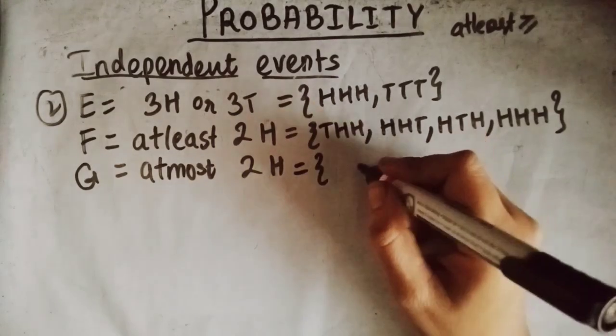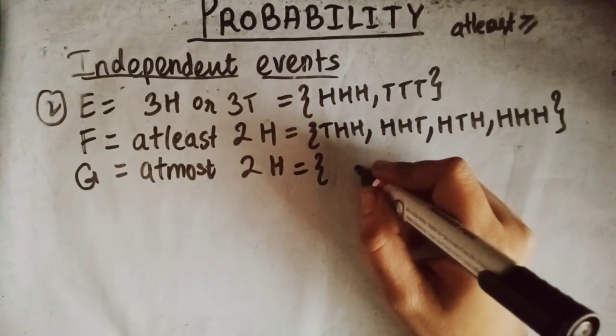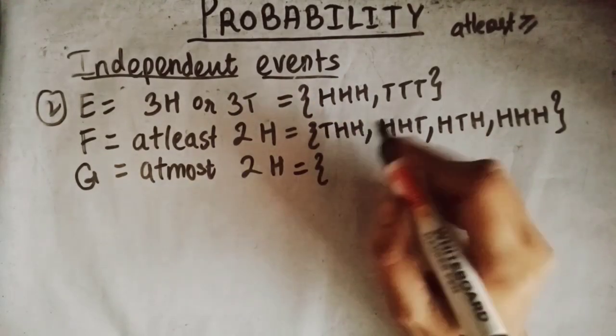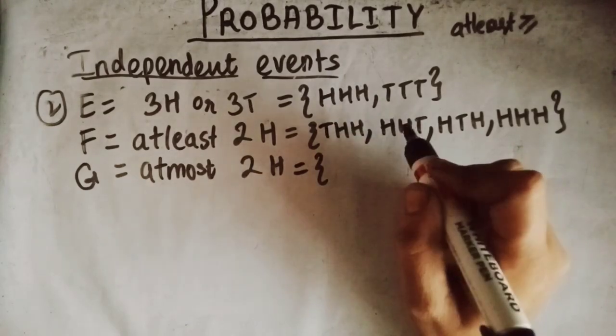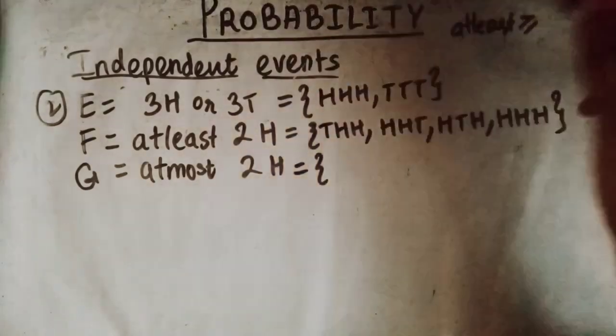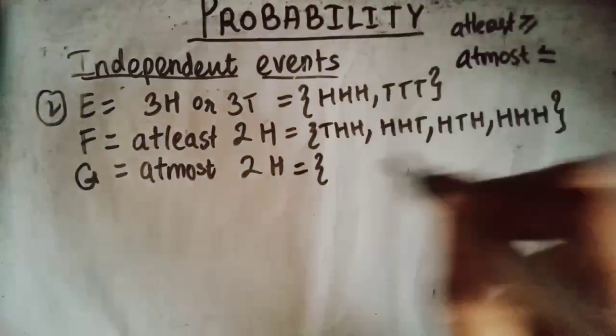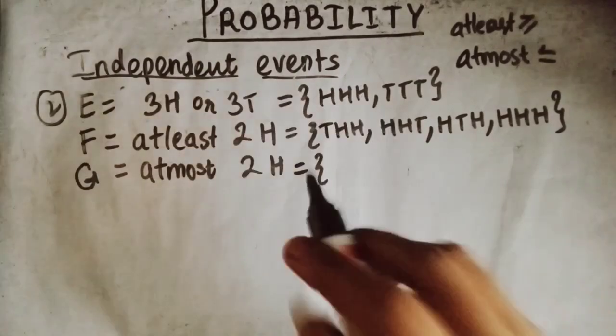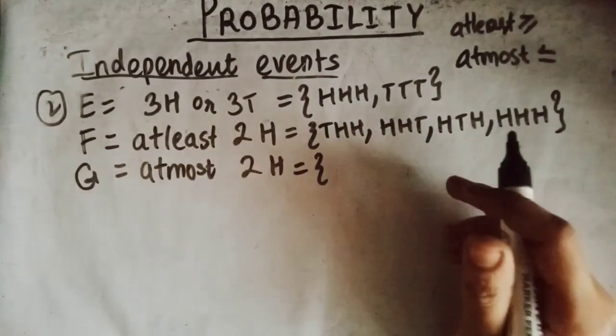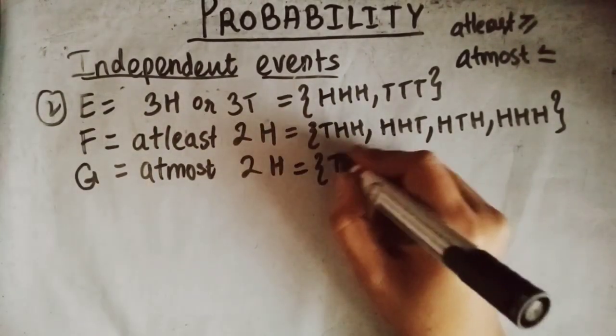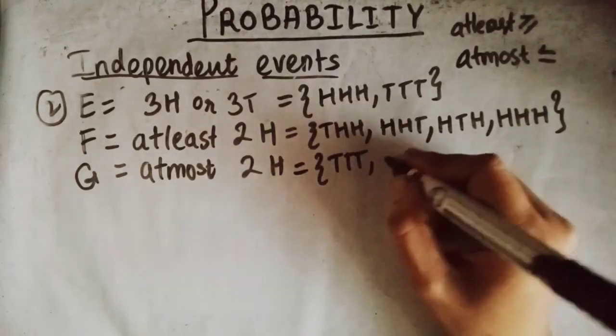Now we'll write G, that is at most 2. At most means less than or equal to. So less than means 1 is also there and 0 is also there. So without a head it is TTT.